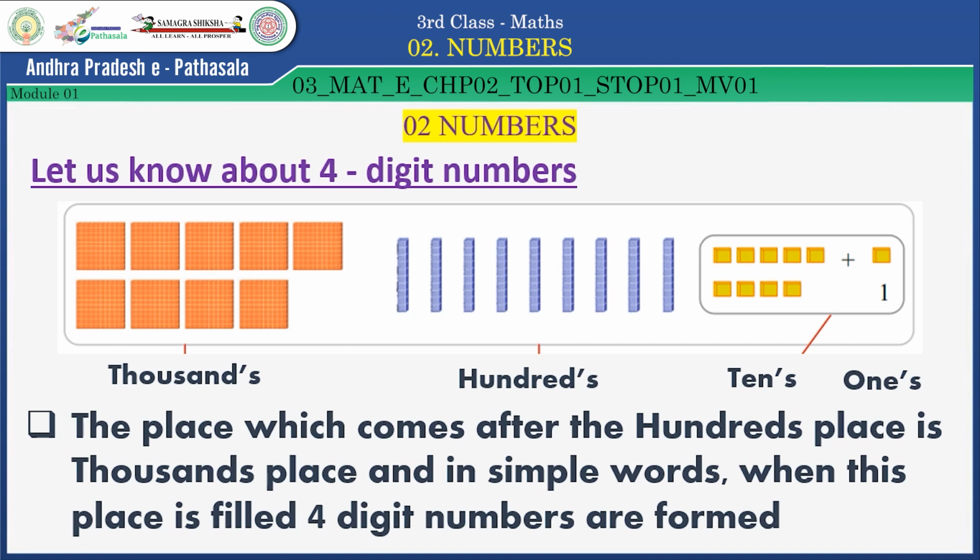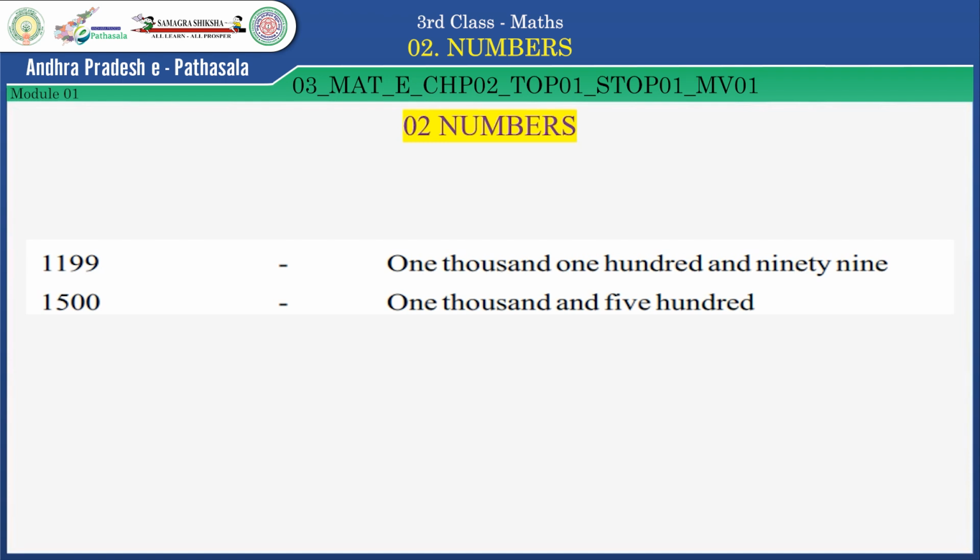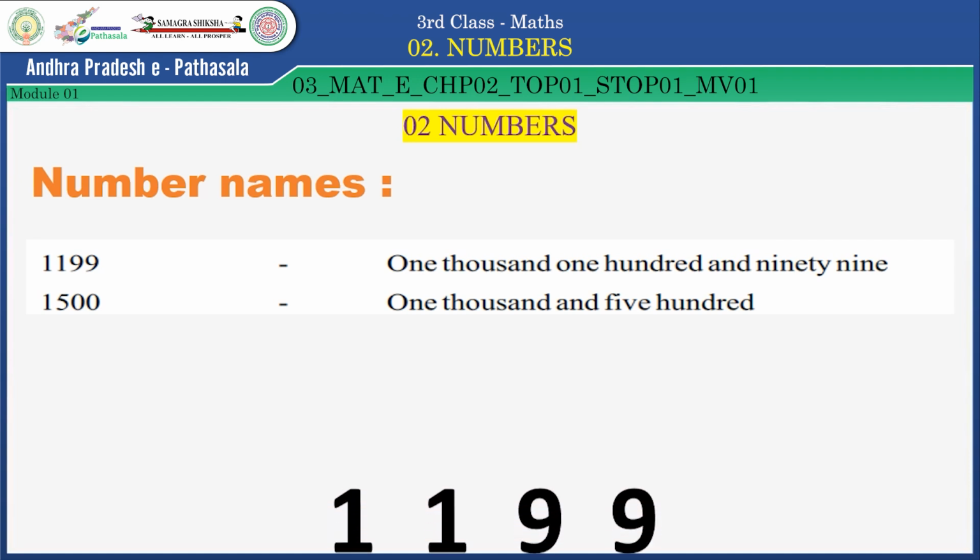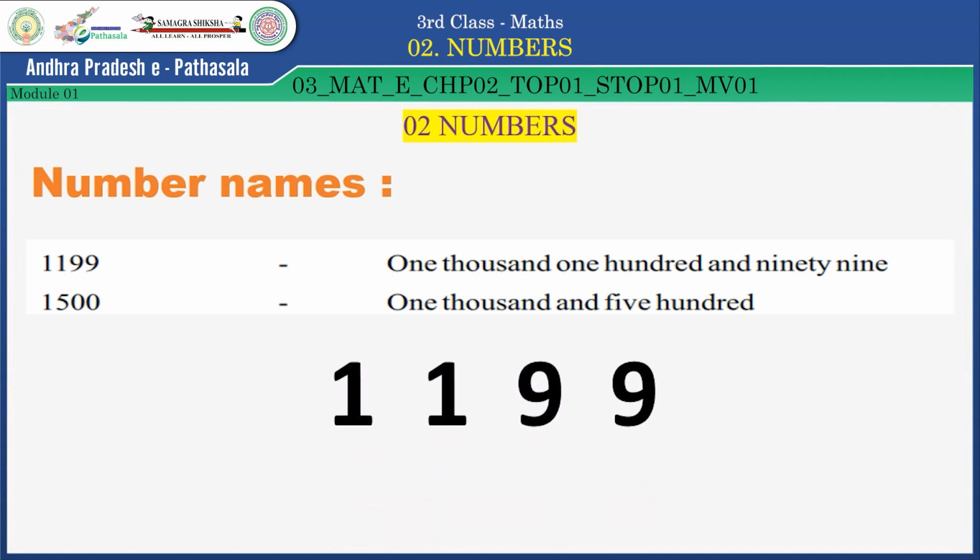Now, let us know how to write number names. Students, we have some examples. Look at the first number. We have 1 in thousands place, 1 in hundreds place, 9 in tens place and 9 in ones place. We read it as 1199.